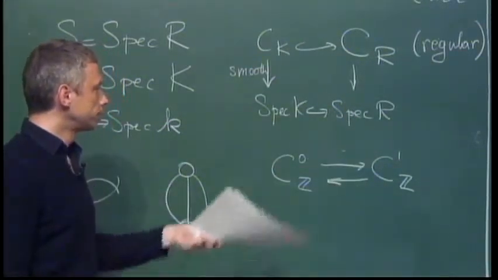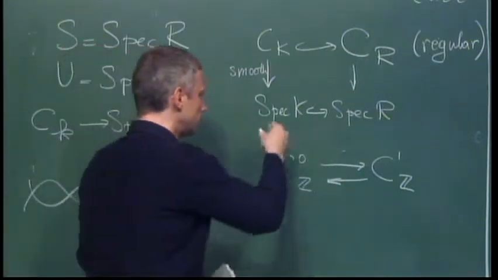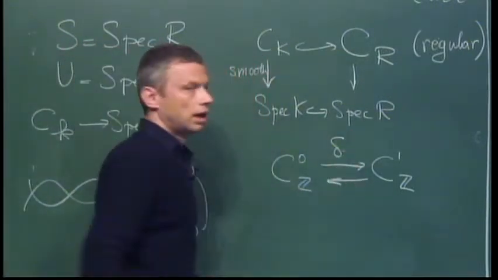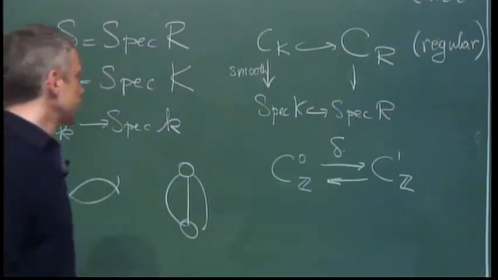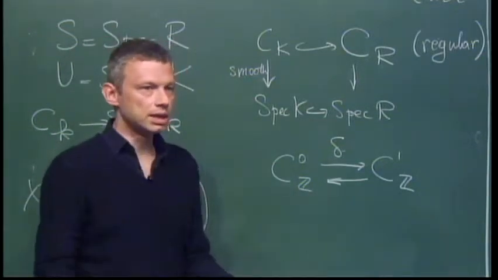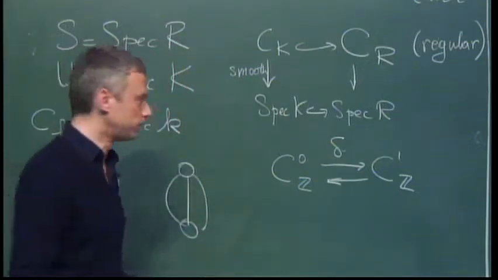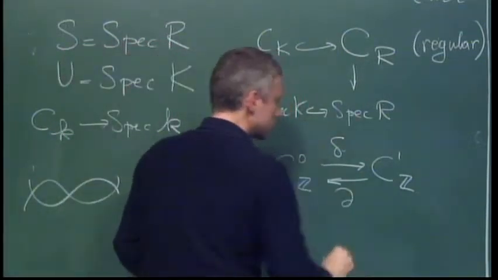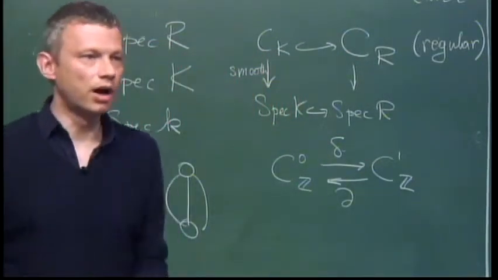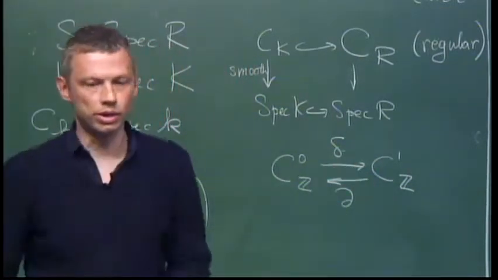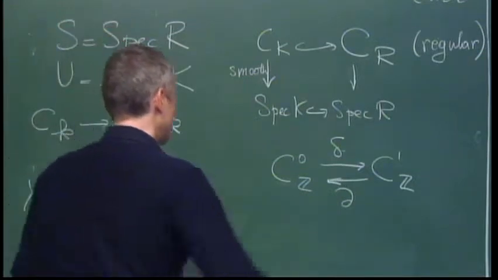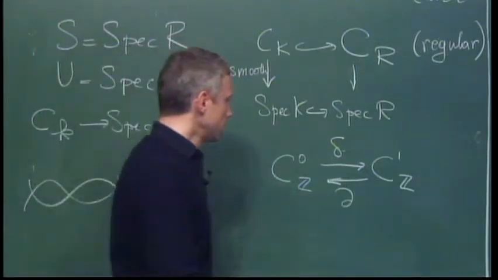And since I put the indices on the upper side here, I should start with the differential that goes in the right direction. But since here I have an explicit basis of vertices and edges, nothing prevents me from identifying C^1(Z) with C_1 with a lower index. And so I also have a differential going in this direction.